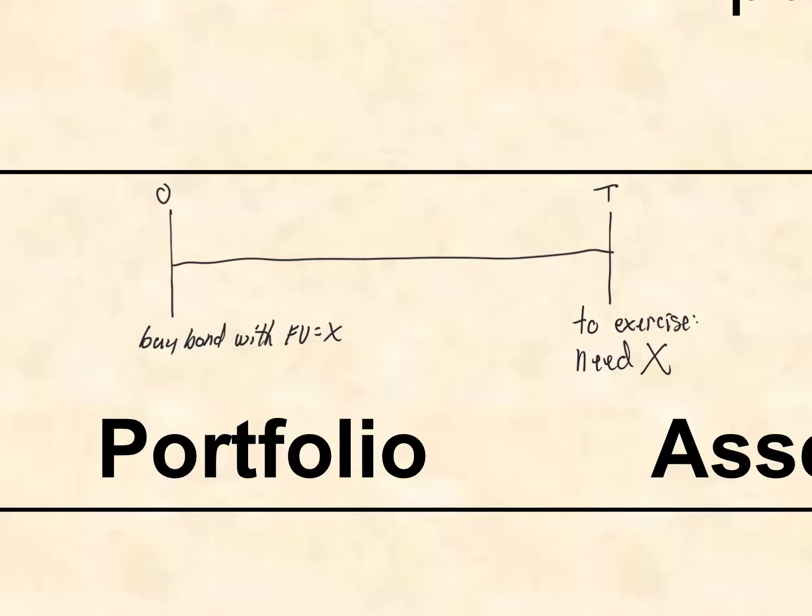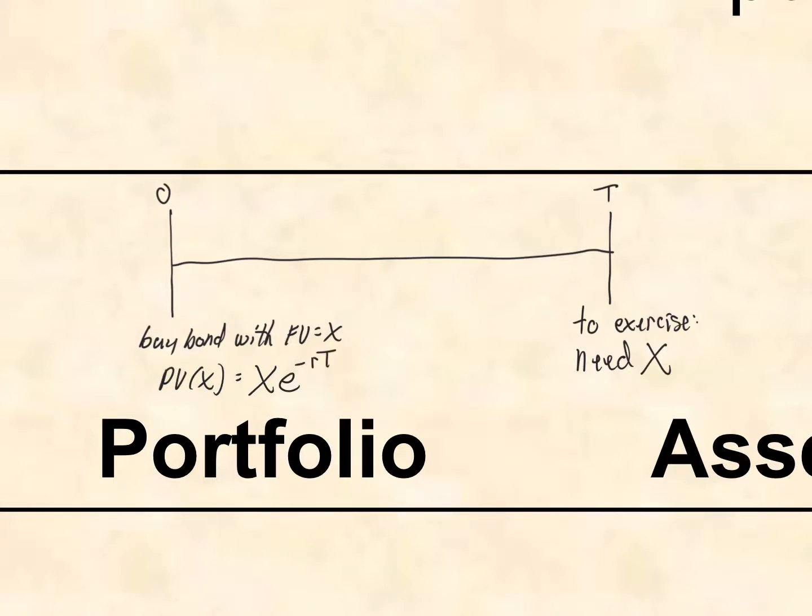Instead, it will be worth X dollars when it matures. And so the present value of that bond, the price of the bond today, is X times e^(-RT).